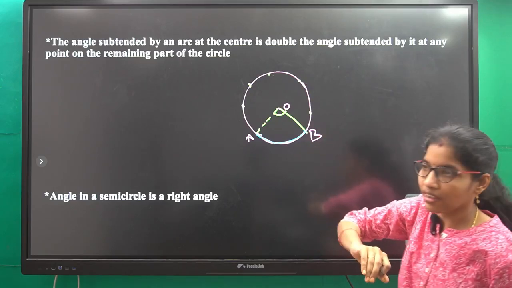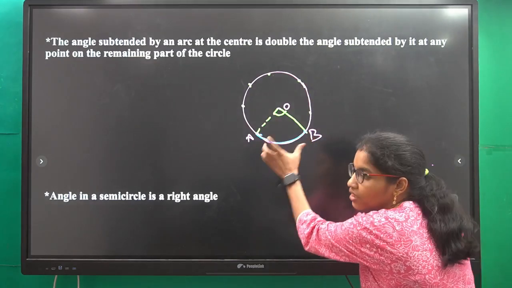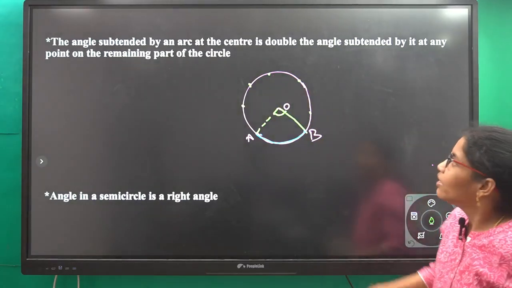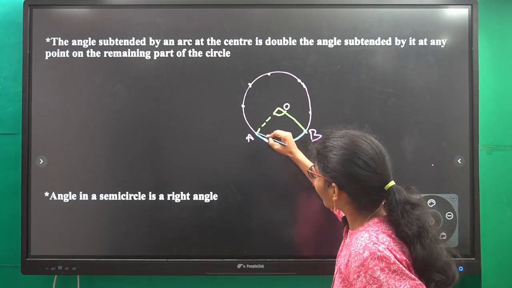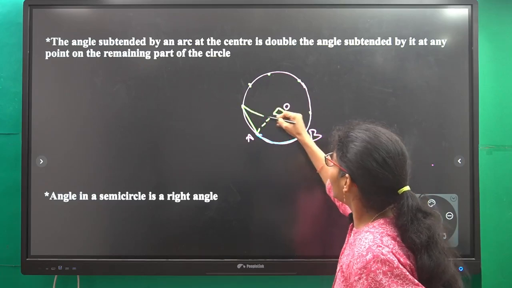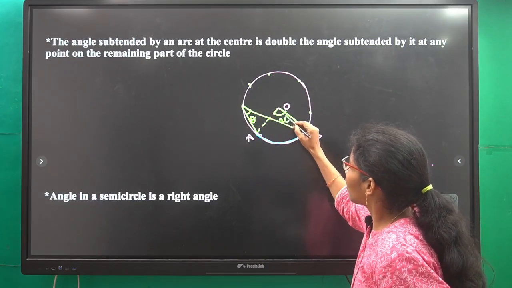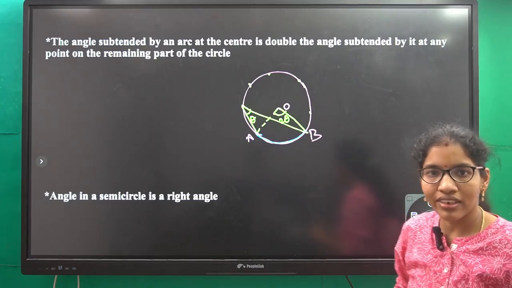here also you can take. Not on this arc, but you can take on the remaining part. Okay, if the angle subtended at any point is theta, then this is 2 theta. Clear what he said?